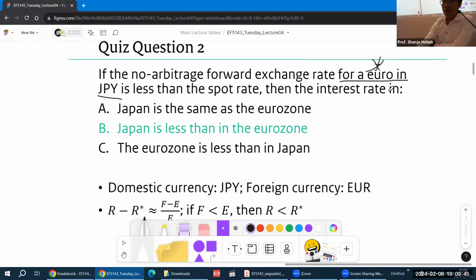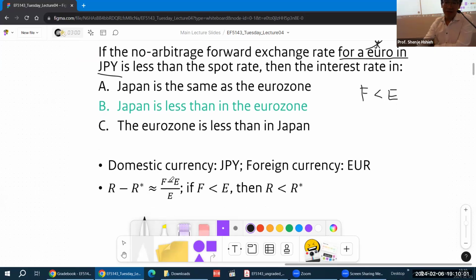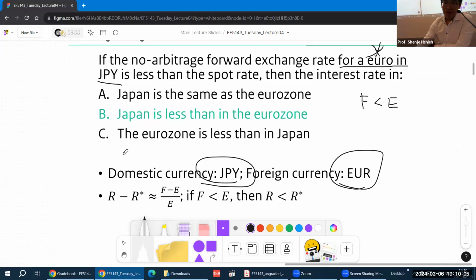Because we're asking for the price of a euro in terms of Japanese yen, it is less than the spot rate. So we're saying F is less than E, and we know that JPY is domestic, foreign is euro, right? You don't have to use the complicated form of CIP. You just need to use the approximated form, and you should get pretty much the same intuition, right?